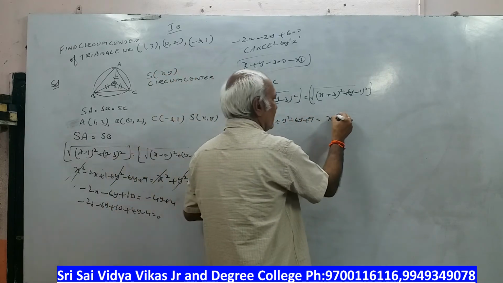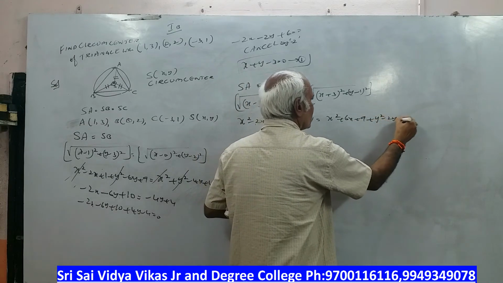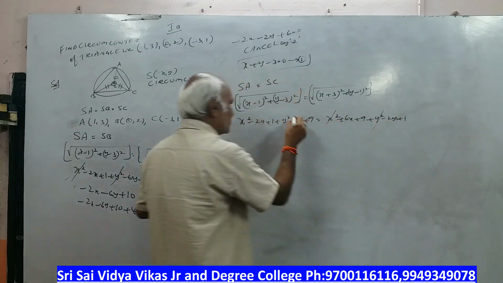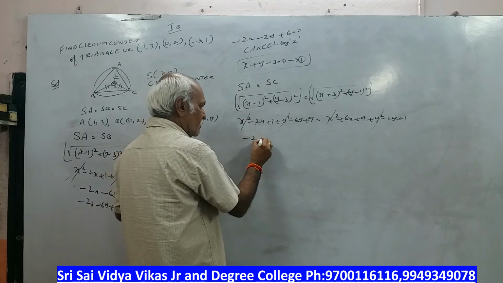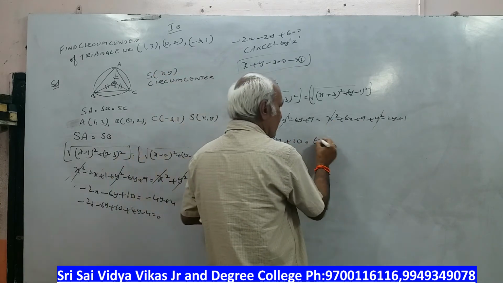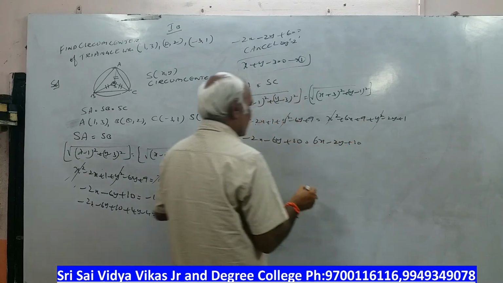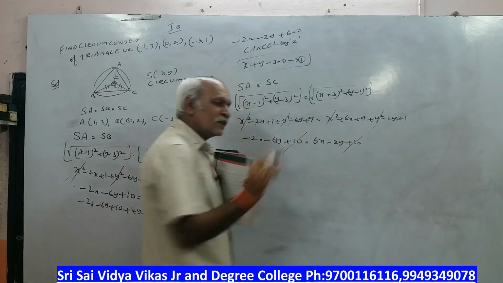Here x square plus 6x plus 9 plus y square minus 2y plus 1. x square, y square, plus 10. Here plus 6x minus 2y, 9 plus 1, 10. Observe here, 10 also will get cancelled.